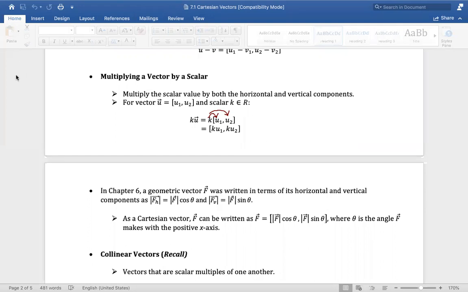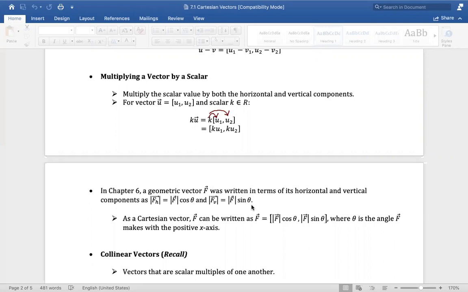In chapter 6 that we just did, on geometric vectors, if you remember the force vector F was written in terms of the horizontal component, made up of the rectangular component, and the vertical component. My horizontal component of the force vector was the force vector multiplied by cos theta, and the vertical component was the original F vector multiplied by sine of theta.